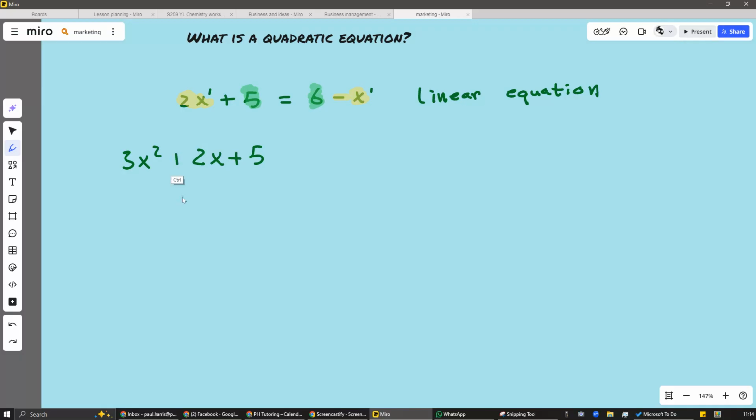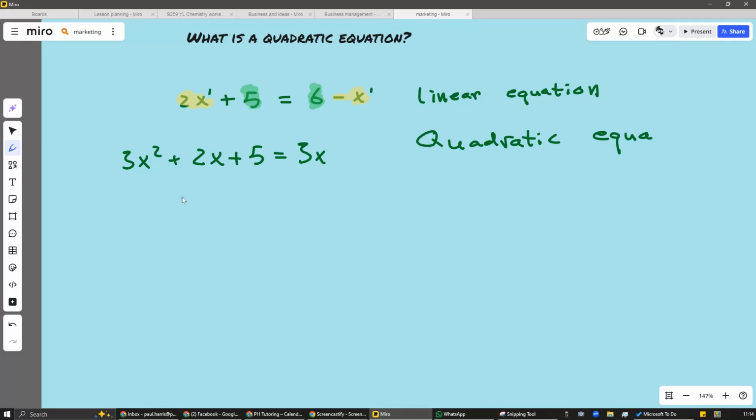And these pluses could be minus as well, if we like, doesn't matter. The point is the maximum power now is 2. So we call this a quadratic expression. And if I said it was equal to something, for example, 3 or 3x or whatever, we call it a quadratic equation.